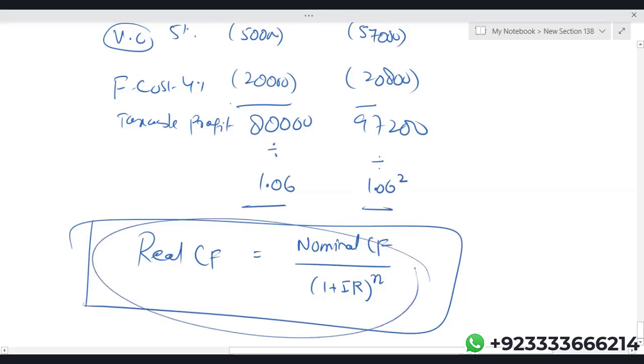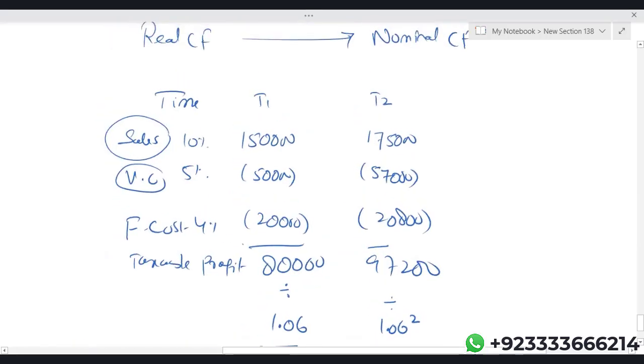Look at this. Sales have an inflation rate of 10%. Variable cost has an inflation rate of 5%.